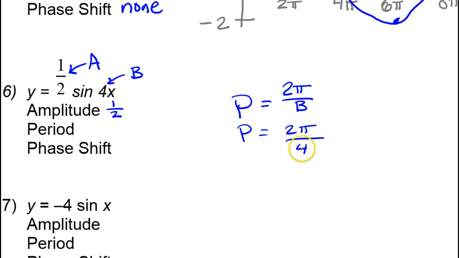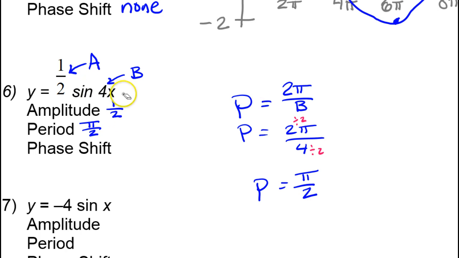Now both of these are divisible by 2. So basically if you reduce this, you find that the period is pi over 2. So the period will be pi over 2.